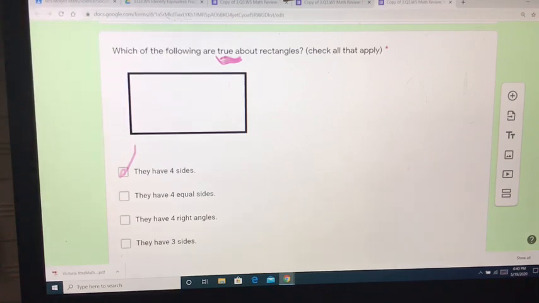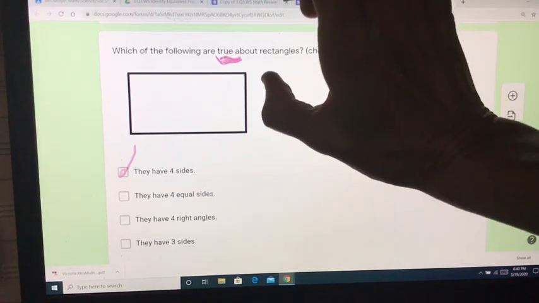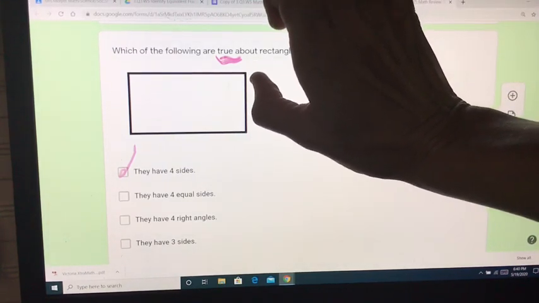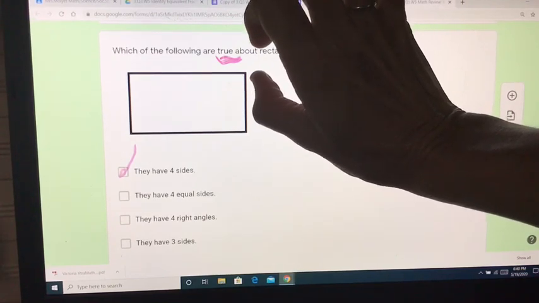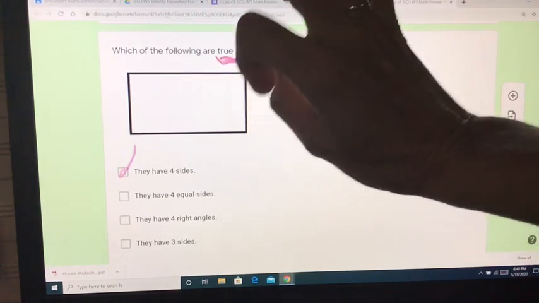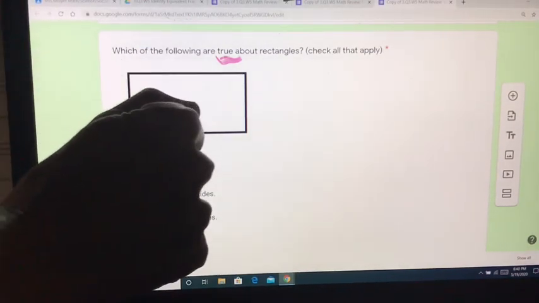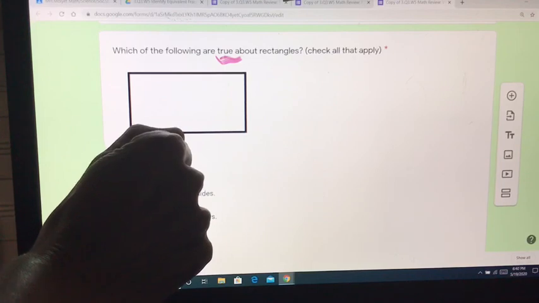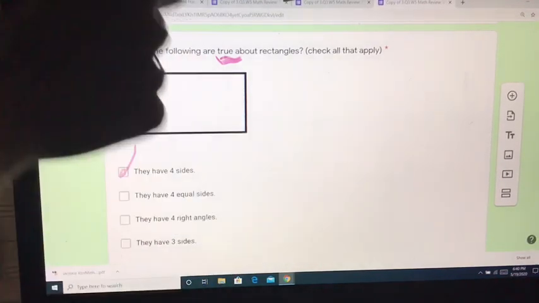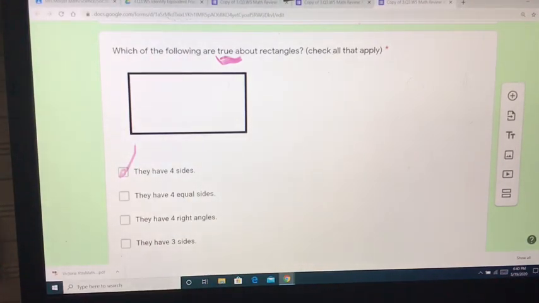And I could even check with, like if I put my thumb up, kind of bent against here, the width right here is about the distance from the tip of my thumb to the bend. But if I check here on the length, it'd probably take me 2 of my thumbs to get there. So no, those sides are not equal. Do not check that one.